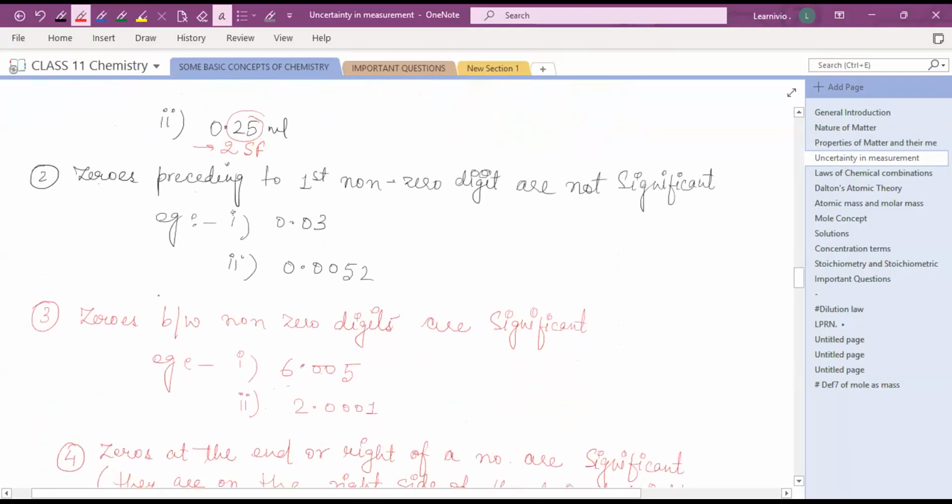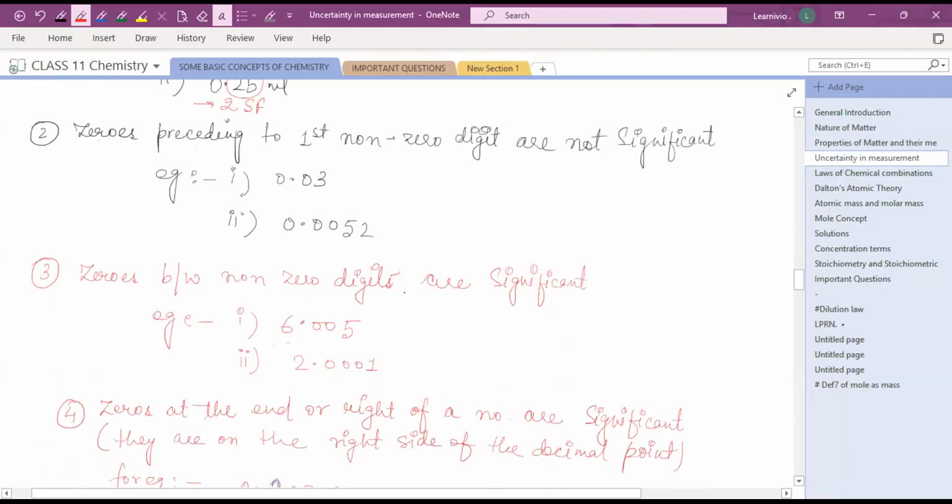The second rule is, bachcho, zeros preceding the first non-zero digit are non-significant. If the first non-zero digit is 3, the zeros which are preceding this 3 are not considered significant. For example, in 0.0003, the first non-zero digit is 3.